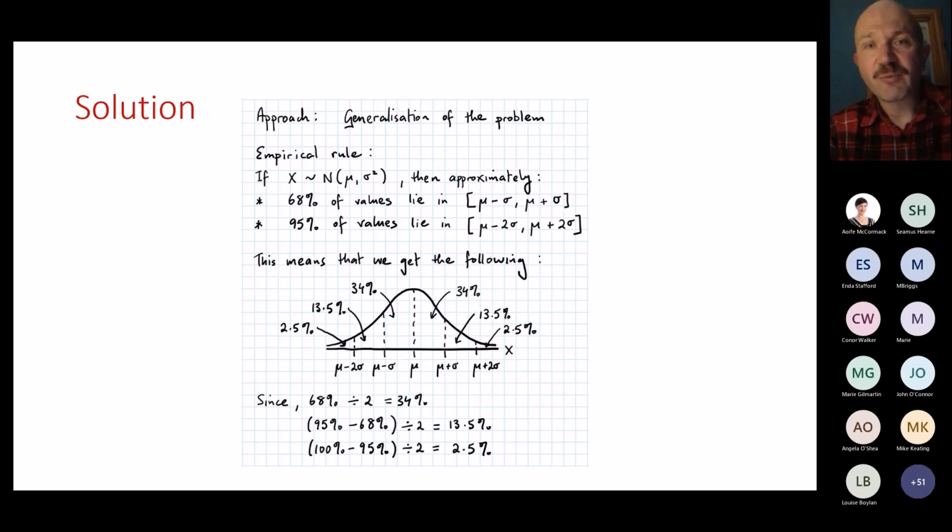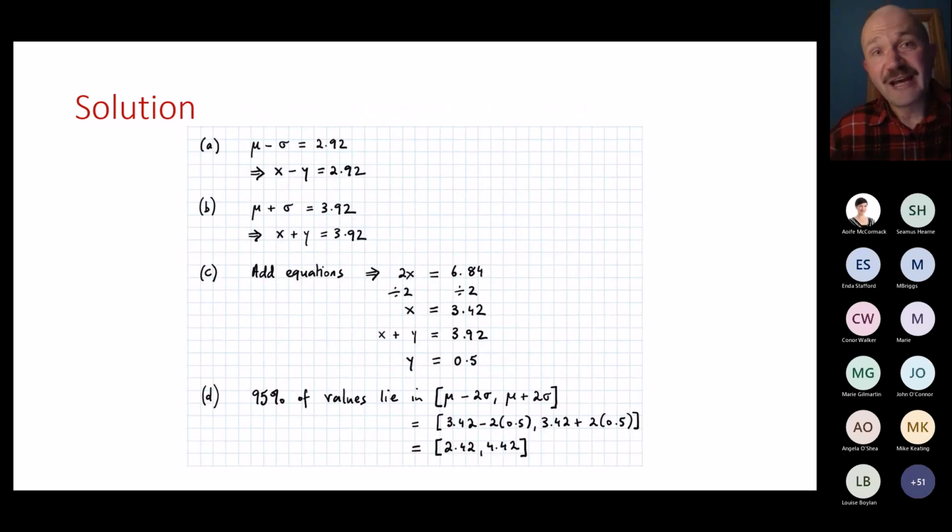In other words, 34% of values lie within 1 standard deviation of the mean and above the mean, and so on. In this way, they would be able to translate their generalized representation of the problem to the specific example at hand. So, for example, to answer part A, rather than initially trying to work out what x minus y is, they would know that mu minus sigma is 2.92.